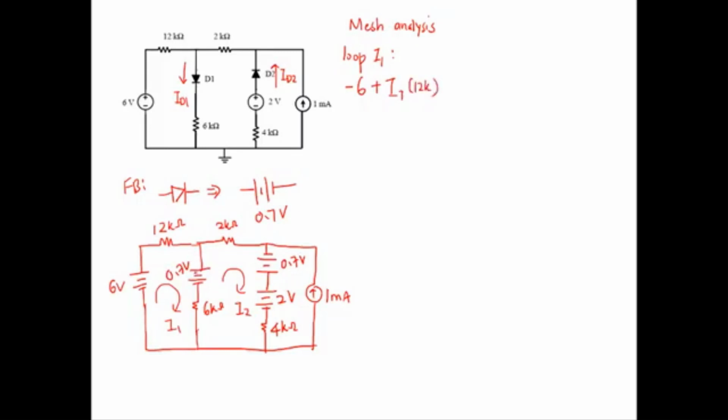Then we go to the 0.7, entering the positive, so this is positive 0.7.